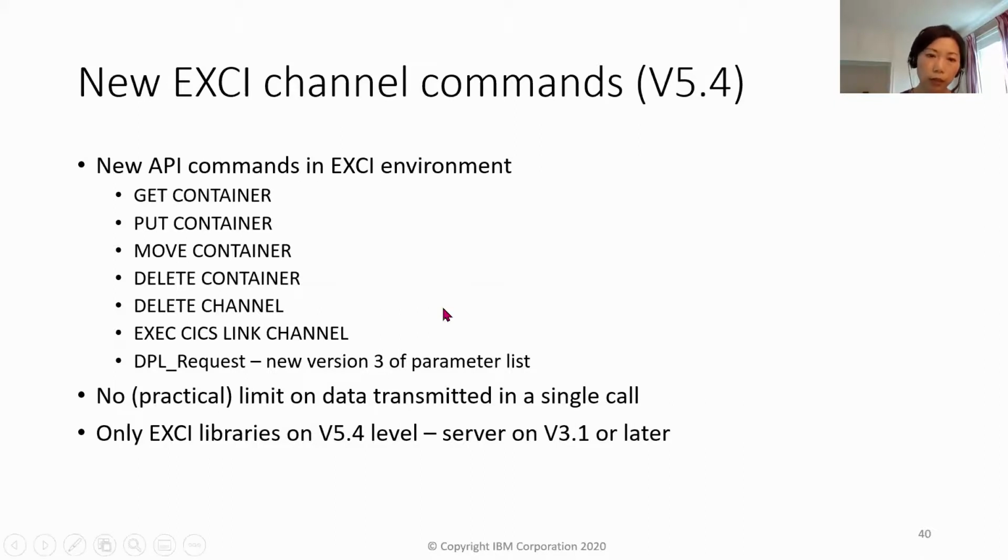So previously, you could only use COMMAREA, but with this you can use channels and you can send much more, virtually without a limit of data, into CICS through those channel and container commands. And with that, we enhanced the DPL request, which is a new version 3 with a parameter list with those enhancements.